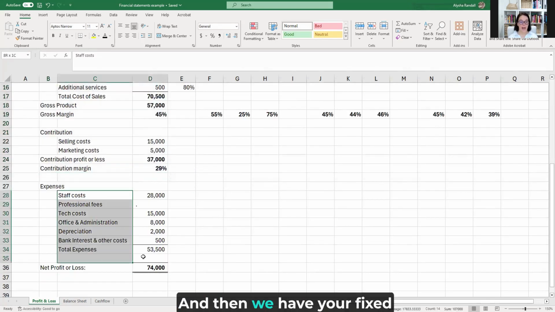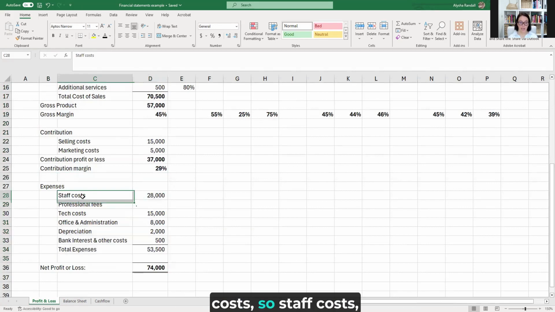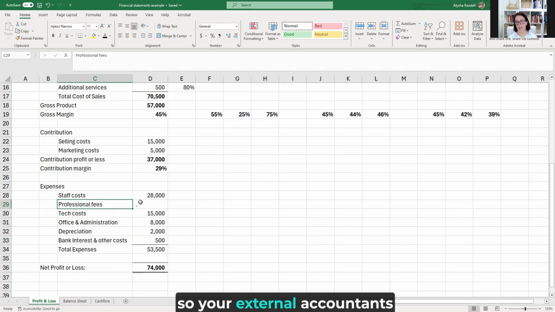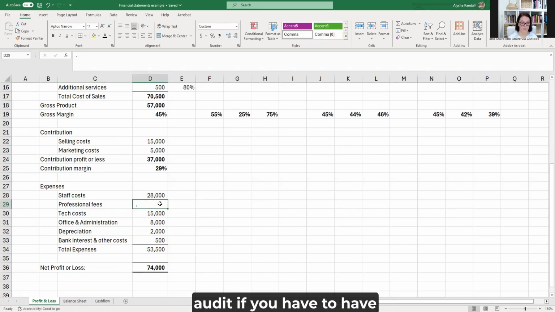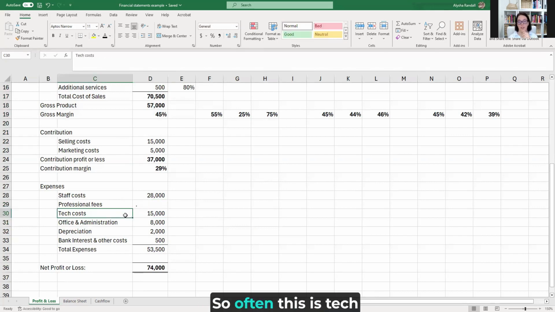Okay, and then we have your fixed costs. So staff costs, your wage bill, professional fees, so your external accountants, audit if you have to have, legal fees, consultants, all those kind of things. Tech costs, so often this is tech subscriptions.